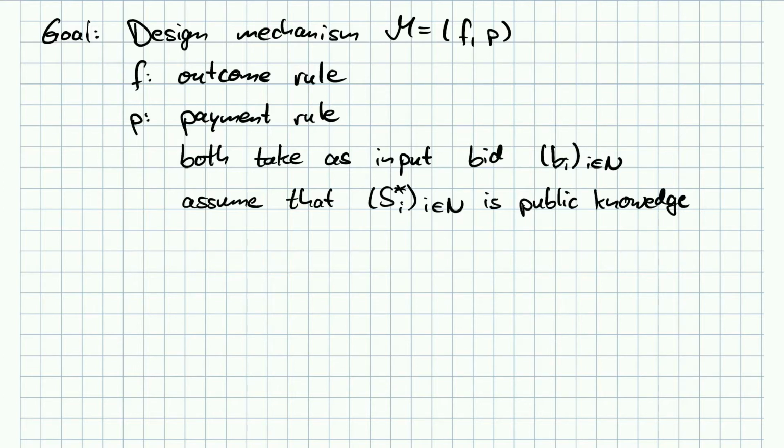And what are our design goals? I hope you remember those. Our goals should be that we'll have a truthful mechanism. So M should be dominant strategy incentive compatible.